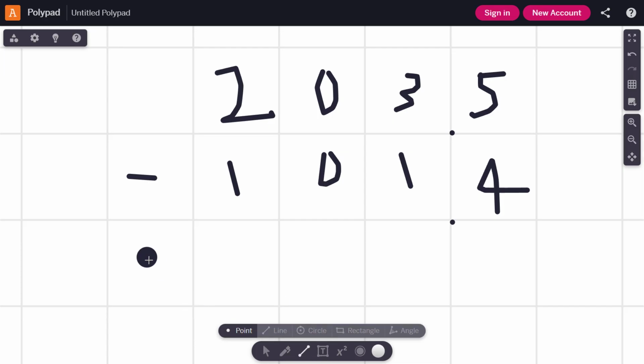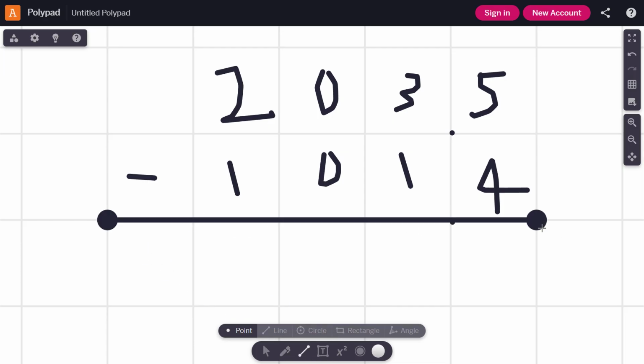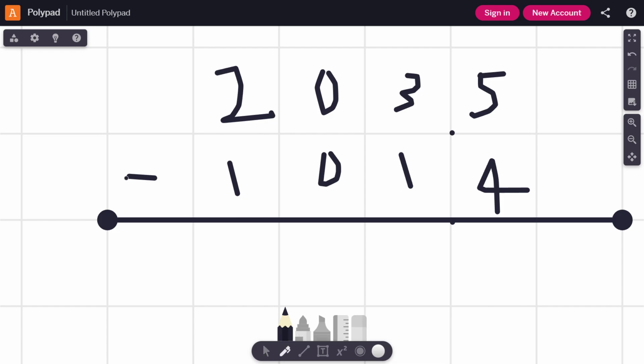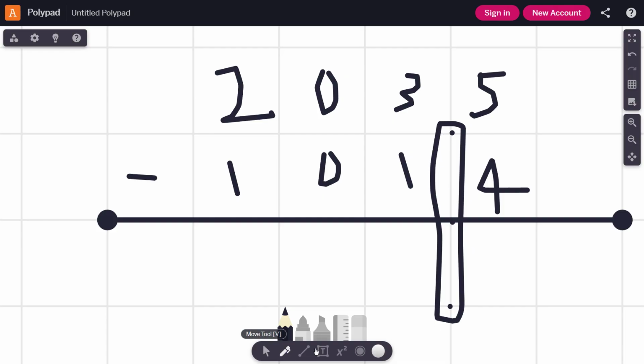And then we line them up. And then we draw a line. We put the minus sign on the left. Then we start calculating. The decimal always stays in the same spot, where it lines up everywhere. It has to line up.